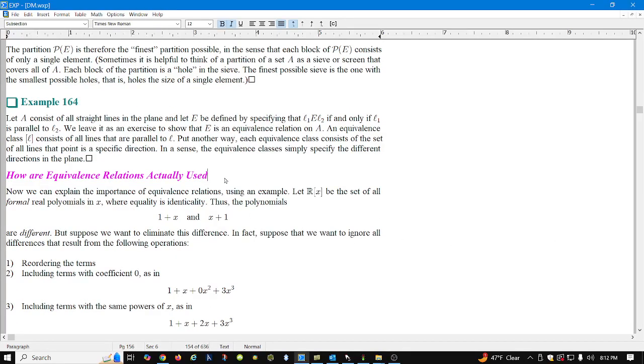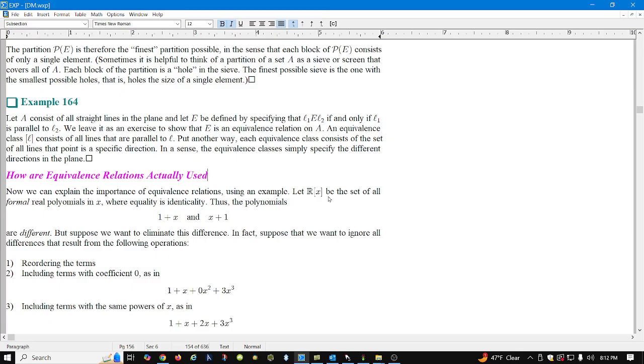Now we come to the most critical part of this whole discussion. How can we explain the importance of equivalence relations? Well, here's an example. Suppose that R[x] is the set of all formal real polynomials.